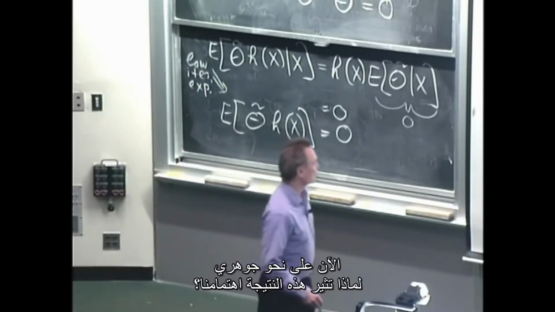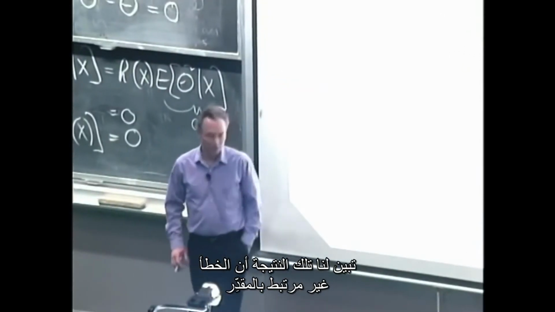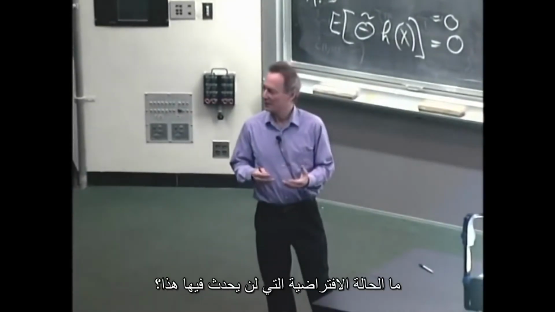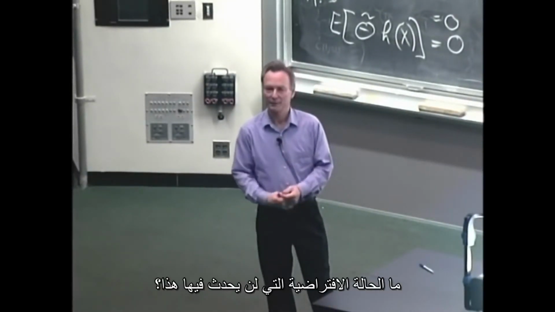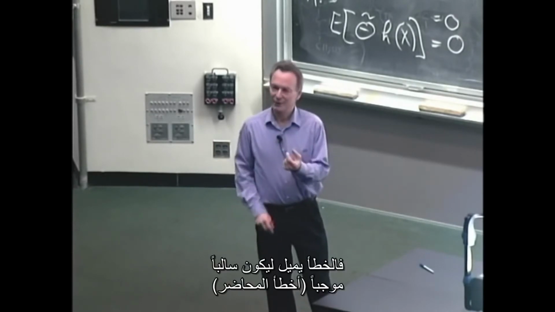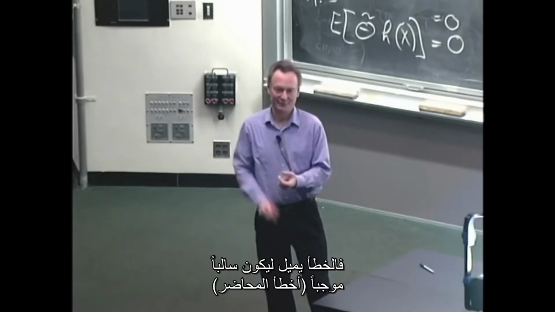Now, on the substance, why is this result interesting? This tells us that the error is uncorrelated with the estimate. What's a hypothetical situation where this would not happen? Whenever theta hat is positive, my error tends to be negative, let's say.